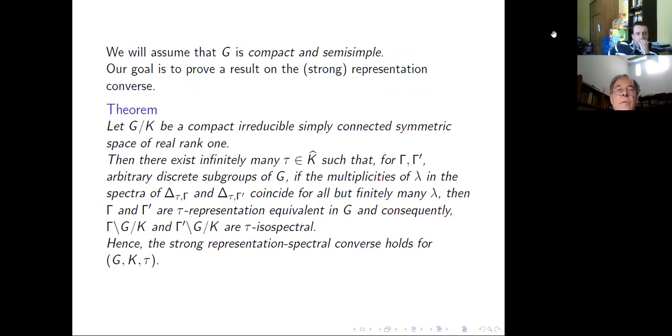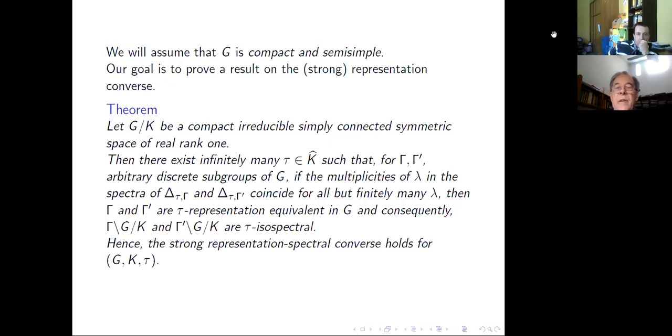So we will prove the following result on the strong representation converse. I will sketch it. Let G mod K be a compact, irreducible, simply connected, symmetric space of real rank 1.